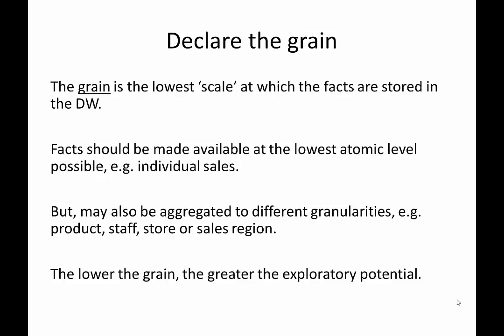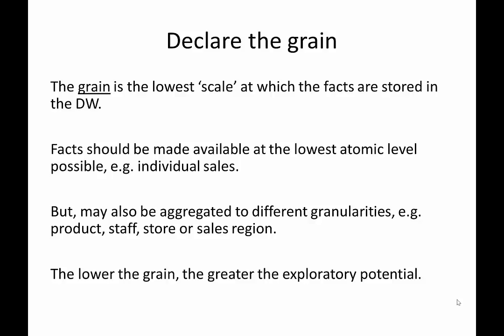One of the reasons why facts were aggregated in early data warehouses is simply data volumes. Storing that amount of individual records 20, 30 years ago was very hard. It's now possible. So to a certain extent, some of these emphases change through time.